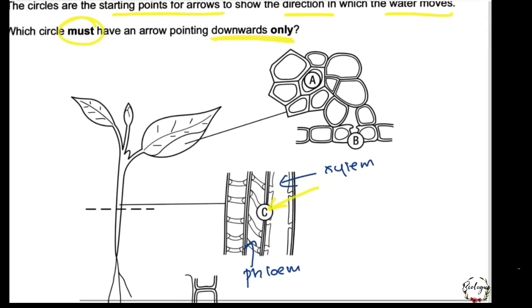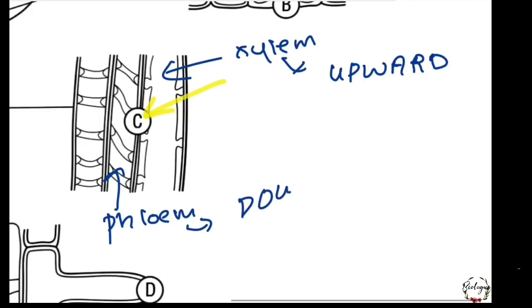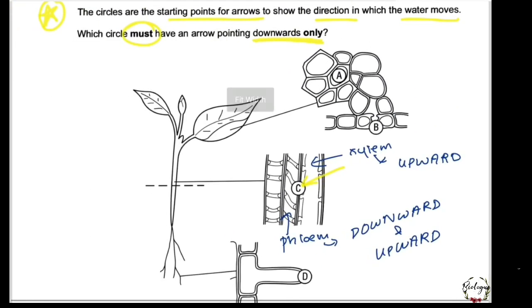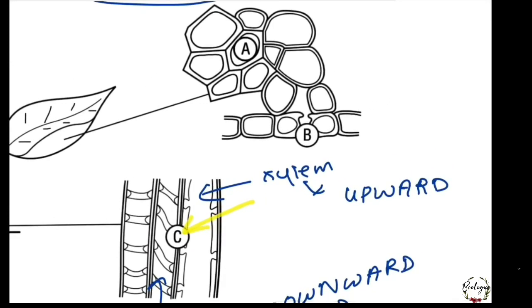So even though the xylem conducts the water in one direction, remember that xylem conducts the water only in the upward direction, and phloem conducts in both the downward and upward. But the question only asks us to specify about the downward direction. So downward only is what it is asking. So the answer over here would actually be B. Why is that the case?